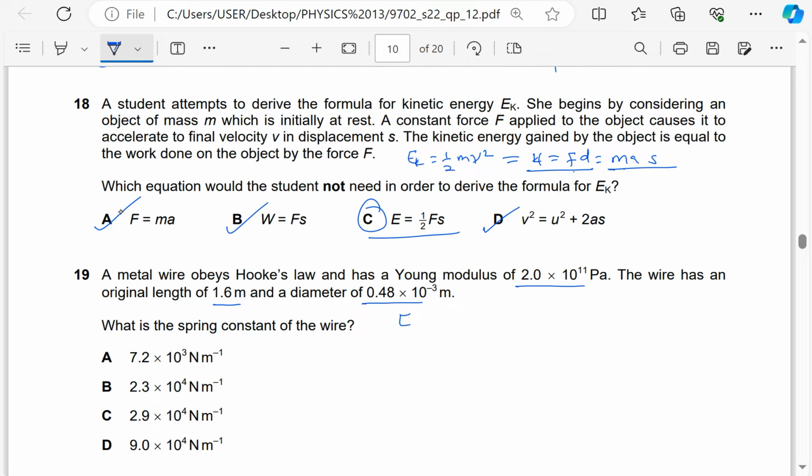So we know Young modulus is force over area, that is stress, divided by strain, which is the reciprocal, original length over extension. So force is going to be K times extension times original length divided by area times extension.